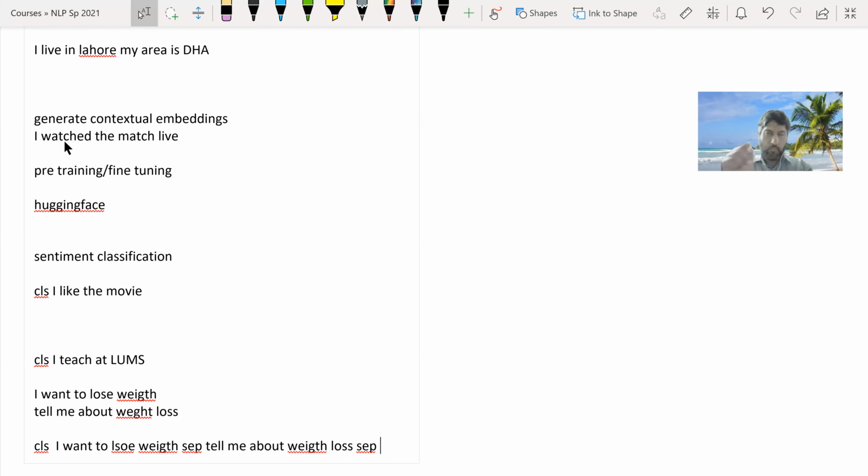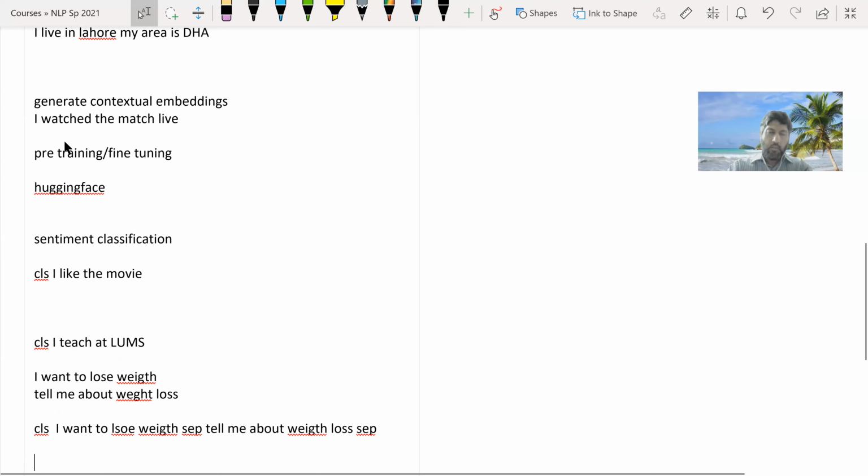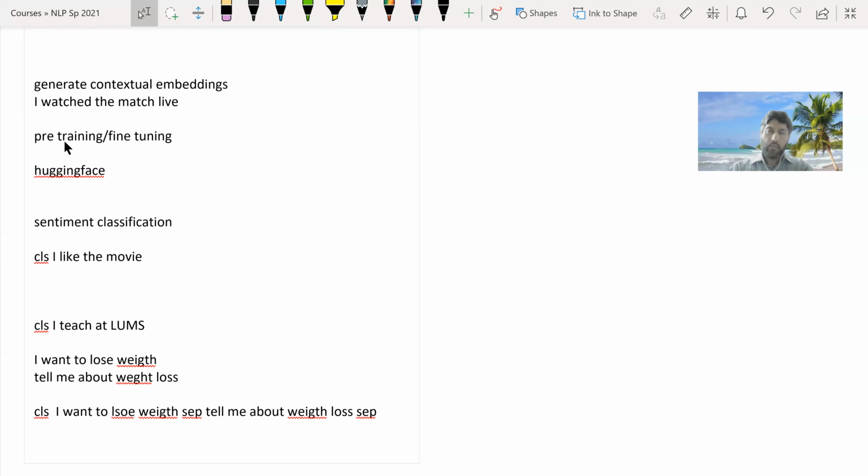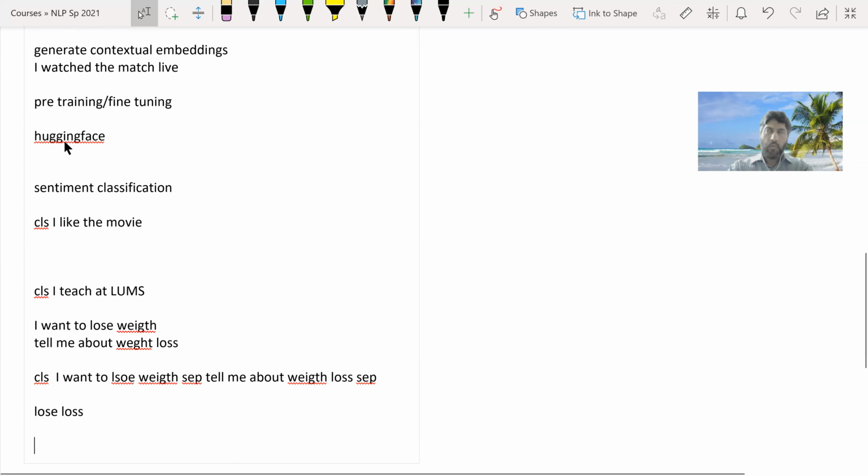But this CLS would have information from both sentences. So this CLS would have weightages, you can say, from the second sentence as well as the first sentence. So you'll get correspondences for all the words. So you'll have correspondence for, let's say, lose and loss, and also all combinations.